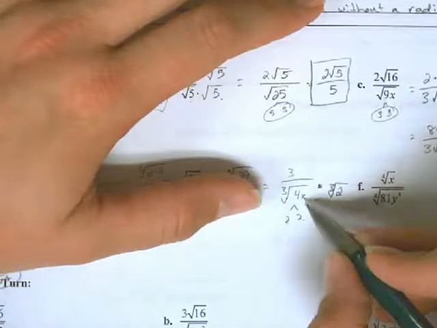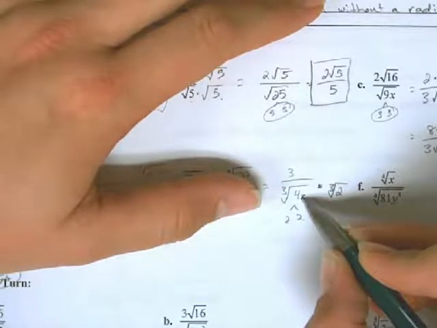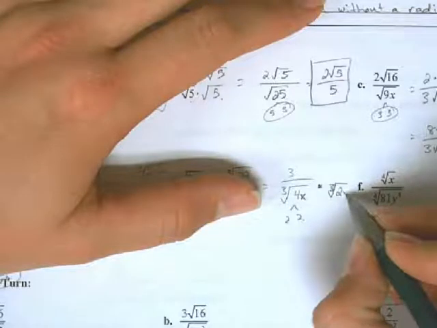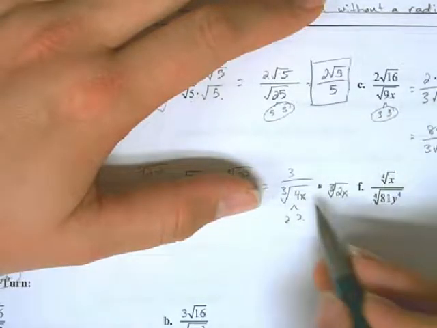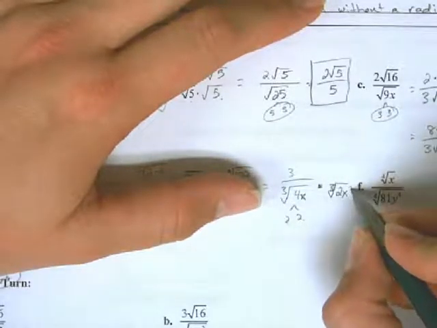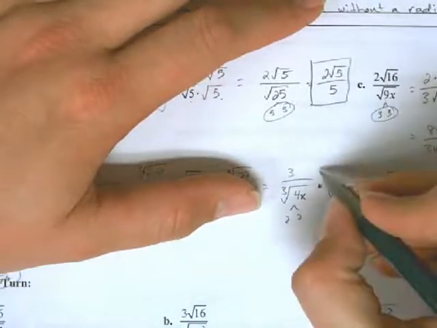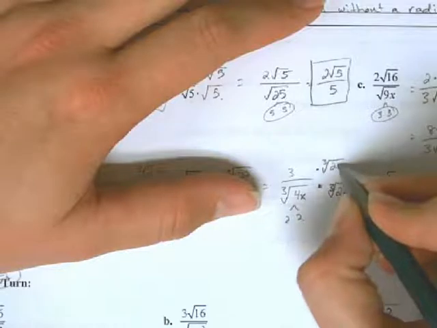Here I've got 1 x. To come out of the radical, I need 3 of them, and that's what I'm trying to do. I'm trying to get these things out. So if I already have 1 and I need 3, that means I need 2 more, so I get x squared. Multiply top and bottom, same thing, cubed root 2x squared.